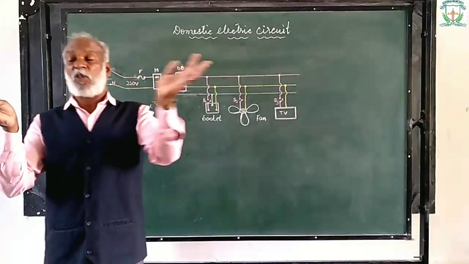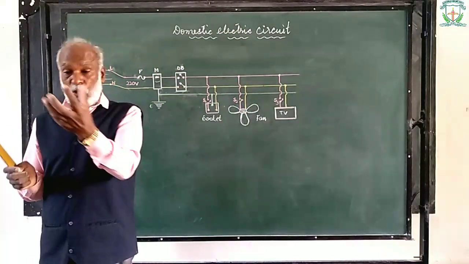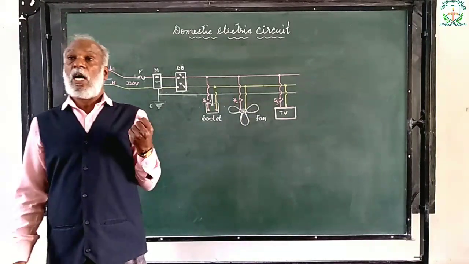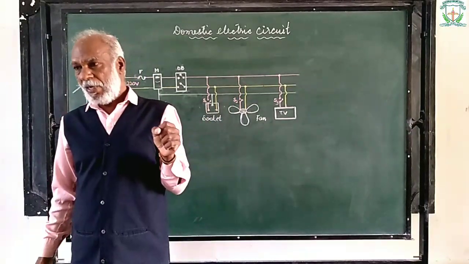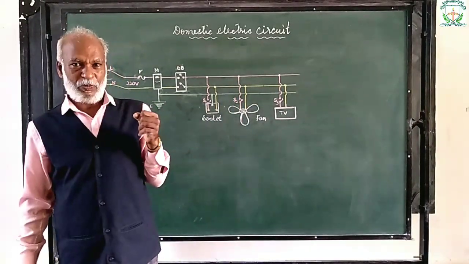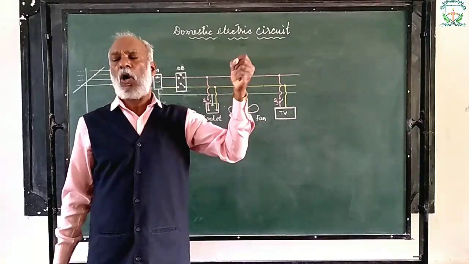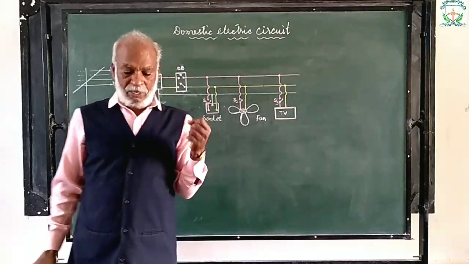So there are two types of circuits in a domestic electric circuit. The low current consuming appliances are connected to a separate circuit called the lighting circuit. The devices draw less current, understand?